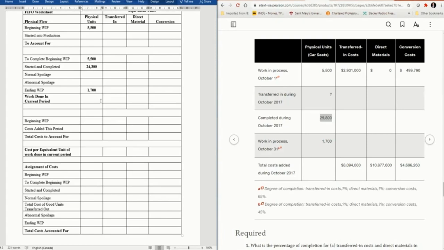So in total, I know I have 31,500 units to play with. So if I know that this is 31,500, I guess I must have started 26,000. So I must have transferred in from the previous department 26,000.